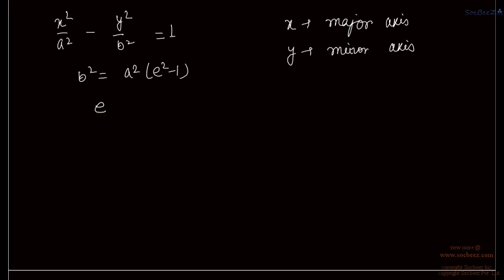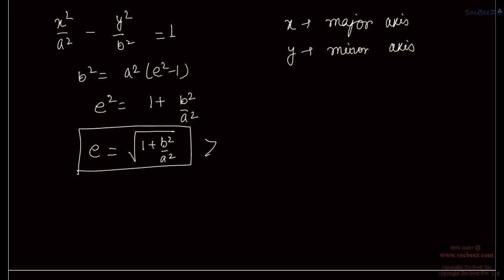So e square is equal to 1 plus b square upon a square. So eccentricity is root under 1 plus b square upon a square. So this is always greater than 1, right?